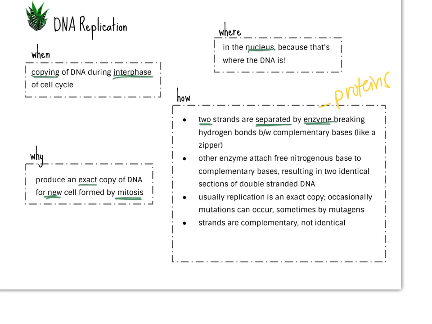So the hydrogen bonds get broken between the complementary bases. The two strands are separated by an enzyme, which is a protein, when it breaks those weak hydrogen bonds. Remember, those hydrogen bonds are super weak. It doesn't take a whole lot of effort for this protein or this enzyme to break them.